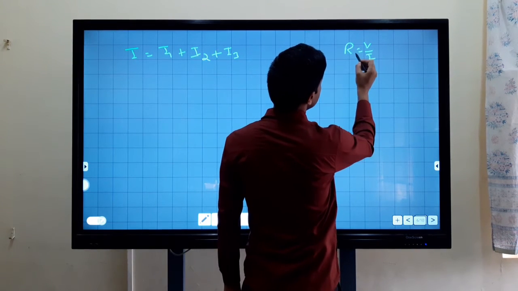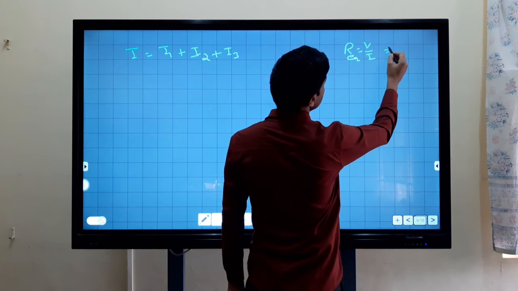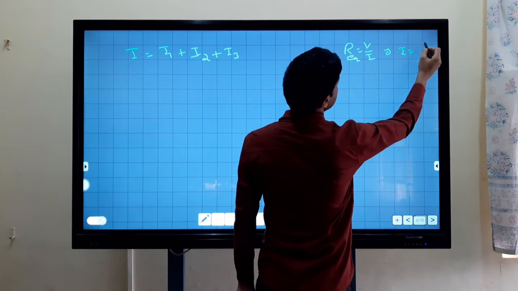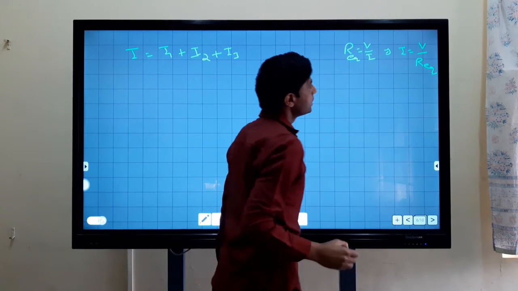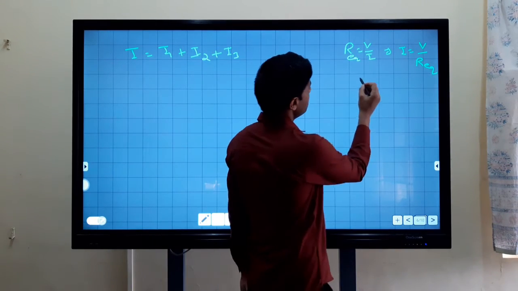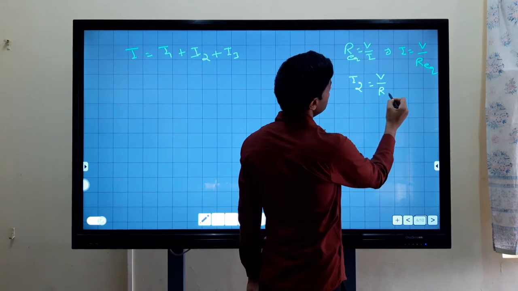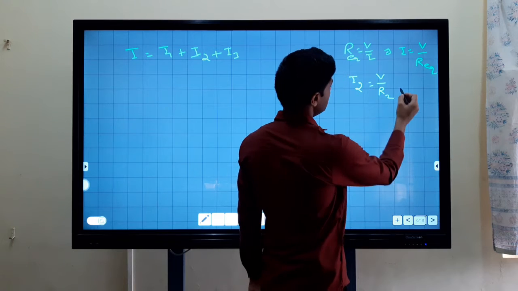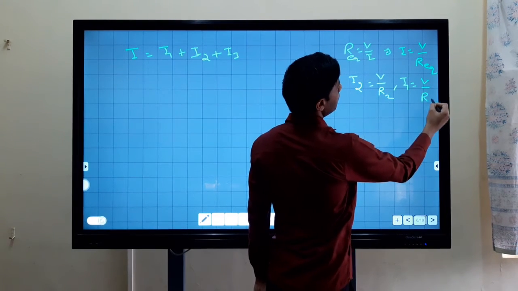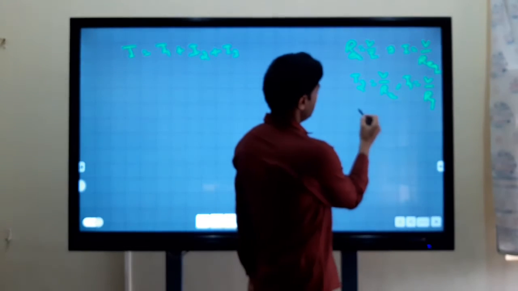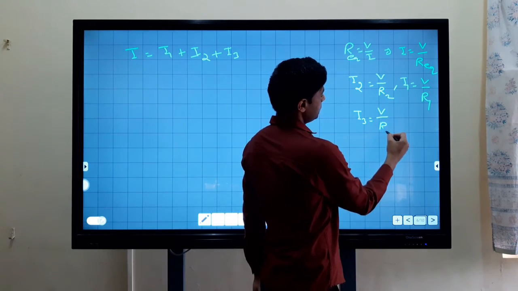It means I equal to V upon R equivalent, and the value of I1 equal to V upon R1, I2 equal to V upon R2, and I3 equal to V upon R3.